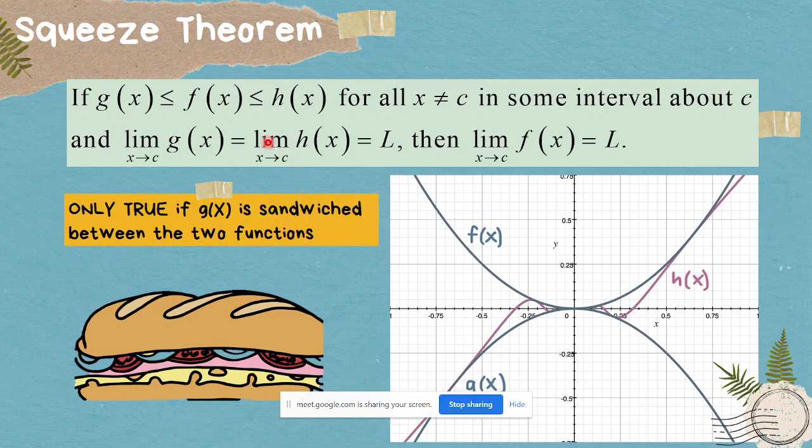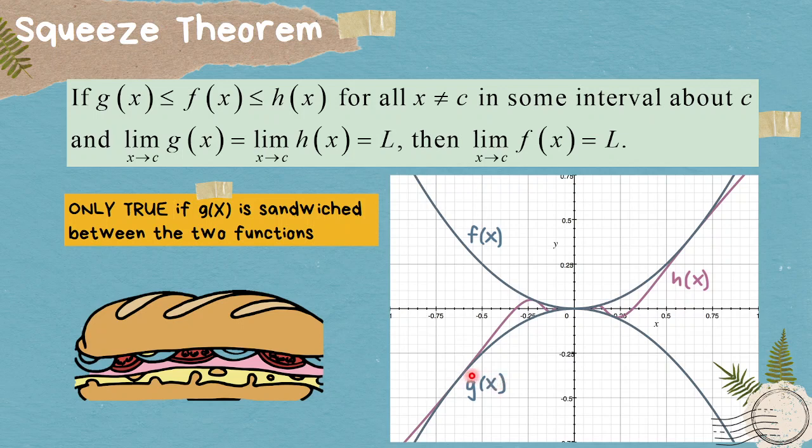Basically, the squeeze theorem, if you read its definition, is quite complicated. However, in this graph, we have a function f of x and g of x. These two functions are the opposite of each other.